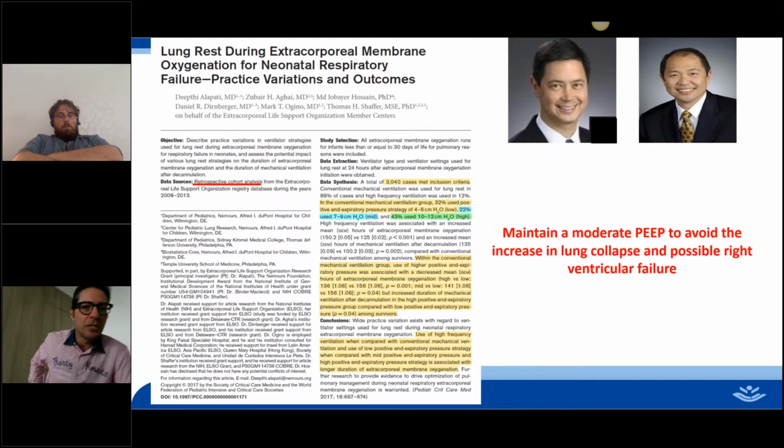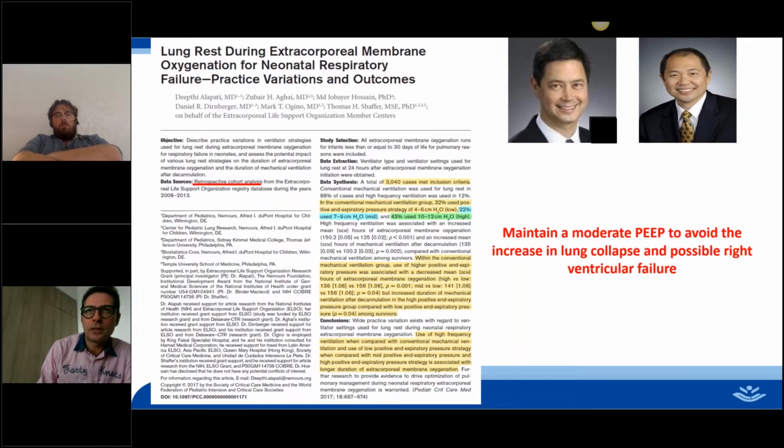The group of Marco Gino some years ago found, in retrospective data using EuroELSO registry data, that by maintaining a moderately high PEEP, patients were able to stay less time on ECMO, but unfortunately they had a prolonged time of mechanical ventilation after ECMO. So they propose, in conclusion, to maintain a moderate PEEP to avoid a complete lung collapse. This is also what we believe.